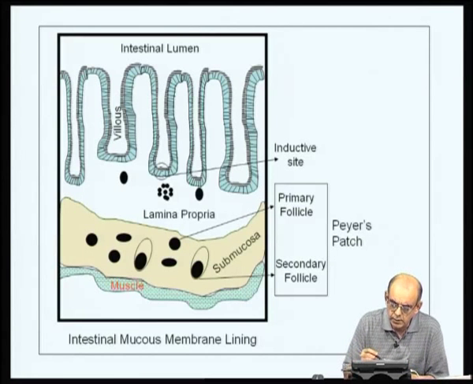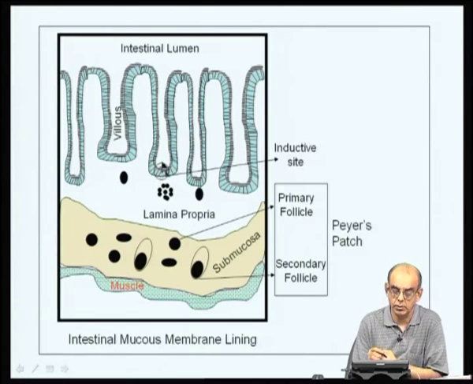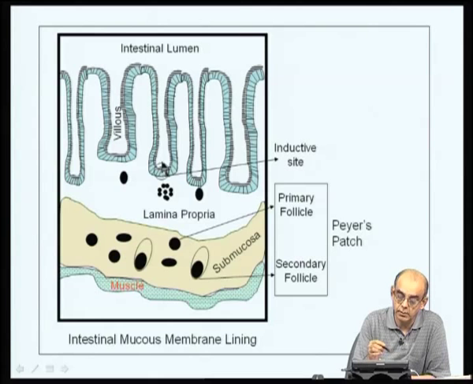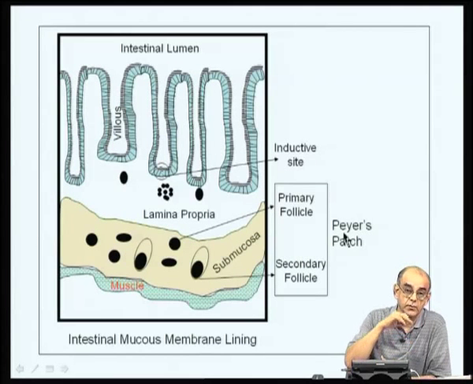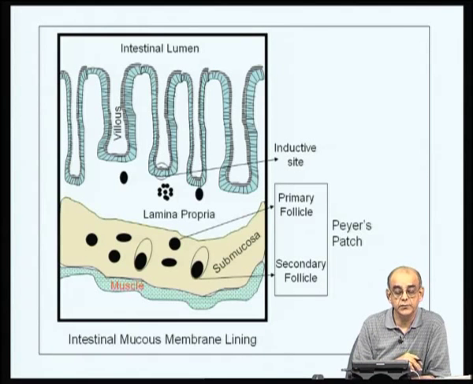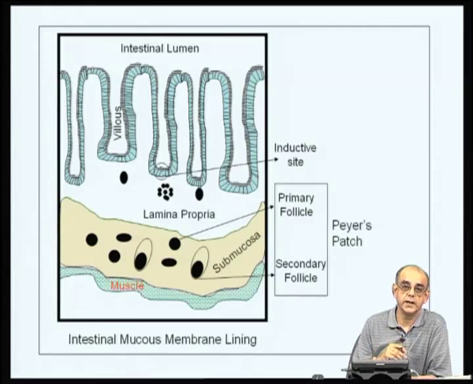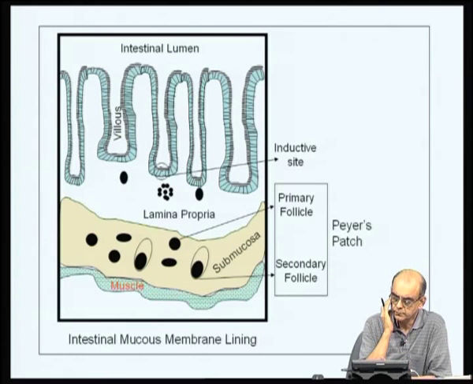This is the organization I show you of the Peyer's patch, for example, which I said was found within the intestine. As you all know, the digestive system, the alimentary canal, is exposed to a variety of pathogens and bacteria that we take in while we ingest our food.